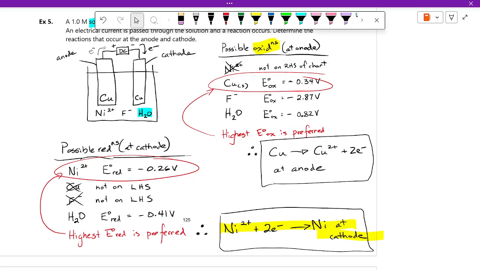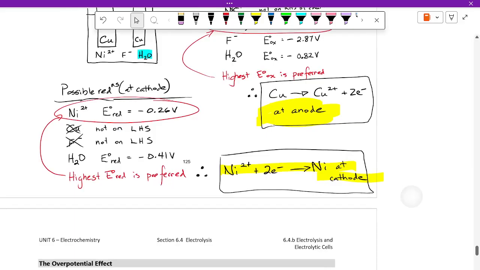So you would have to write whichever one you have wherever. You don't have to write "at cathode" or "at anode." You just need to be able to write it here. For me, it's just a way of keeping track of things. But there's no particularly great reason for it.